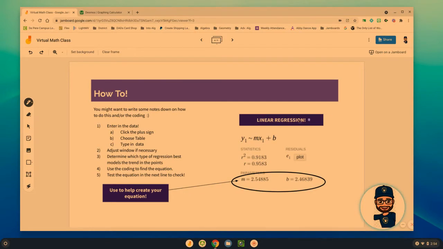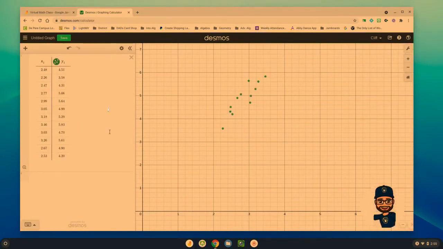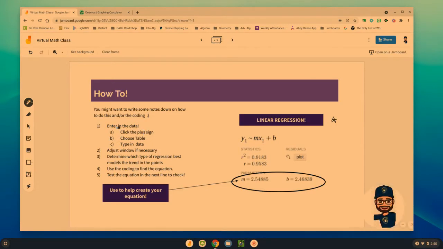So this one is for linear regression, okay? You need to enter in the data, and to enter in data, I'm going to get rid of all of this stuff on this page. To enter in the data, I click the plus sign and I say I want to enter it into a table. And I enter in all of my data into the table and we start entering it.